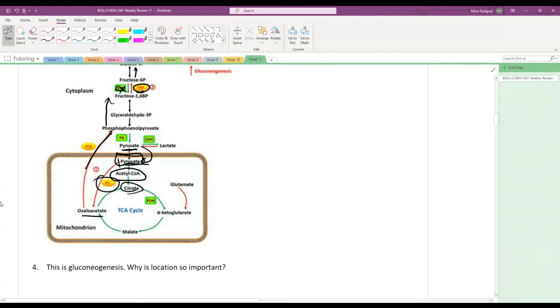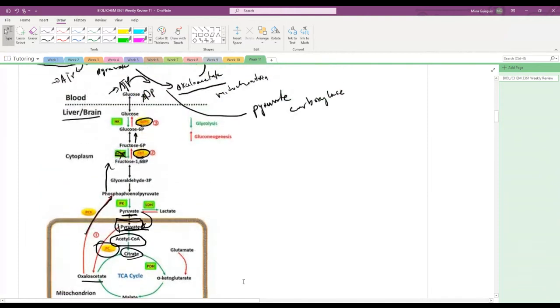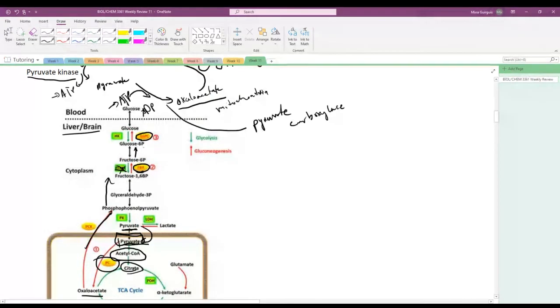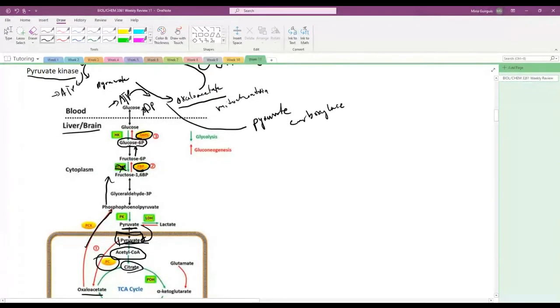The next thing that we have to ask ourselves is this whole thing with liver, brain, and blood. We talked about when we first learned glycolysis that glucose 6-phosphate, now that it has a negative charge, is stuck inside the cell that we're dealing with.